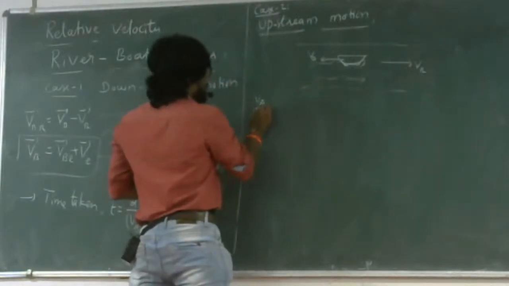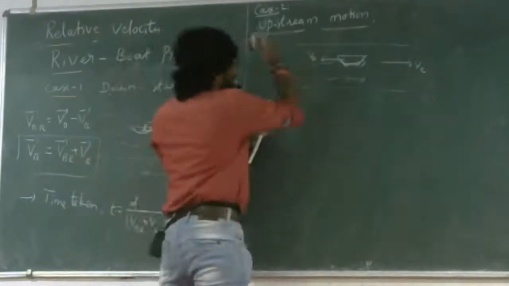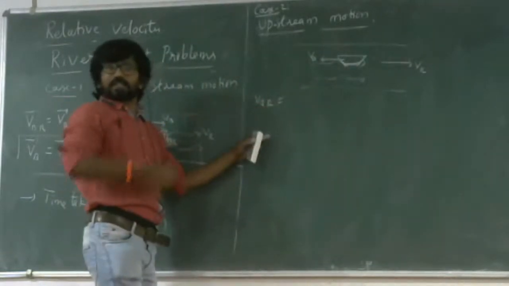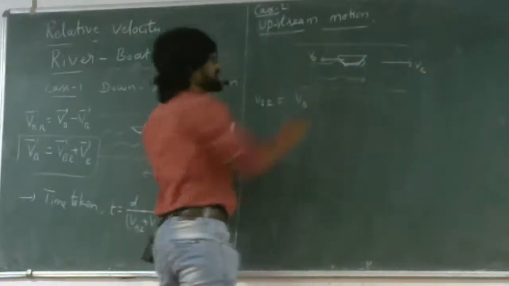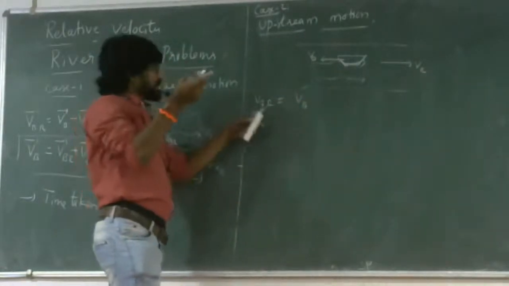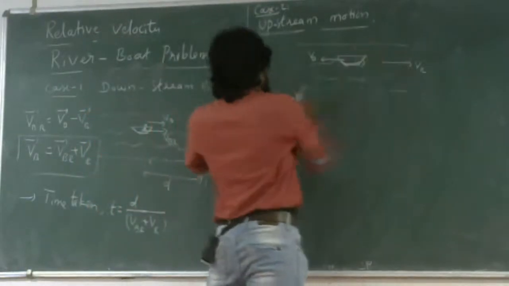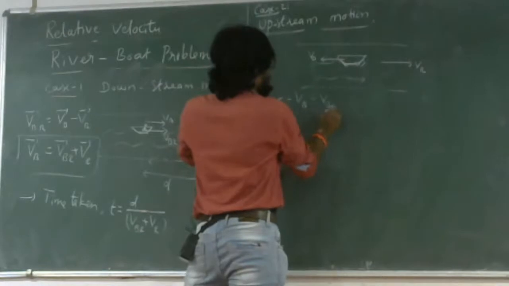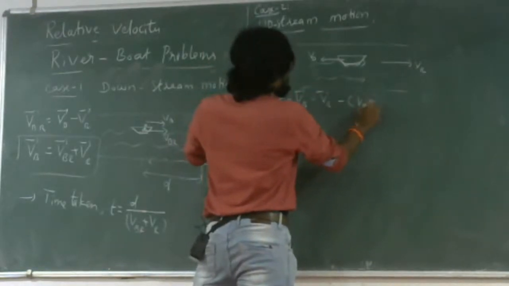The velocity of the boat with respect to the river is equal to what? The velocity of the boat is in the negative x direction. So minus VB, plus the reverse velocity of the river, that is minus VB minus VR, or minus of VB plus VR.